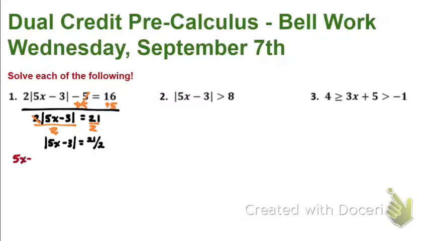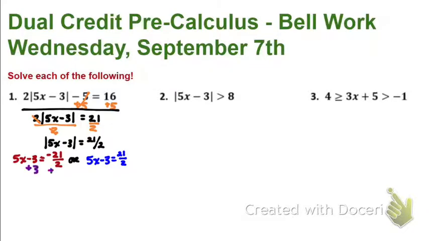So 5x minus 3 is equal to negative 21 over 2, or 5x minus 3 is equal to positive 21 over 2. You have to do both of them. If you only find one answer out of 2 answers, you're only going to end up with half the points because you only found half the answers there.